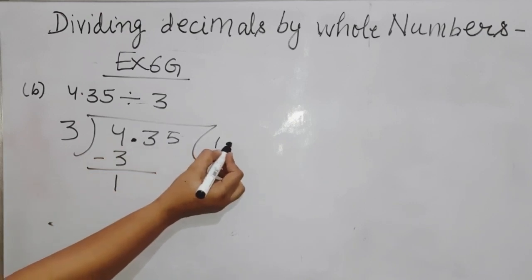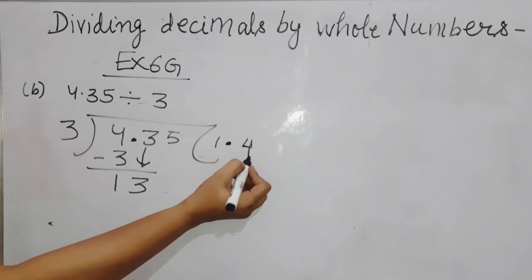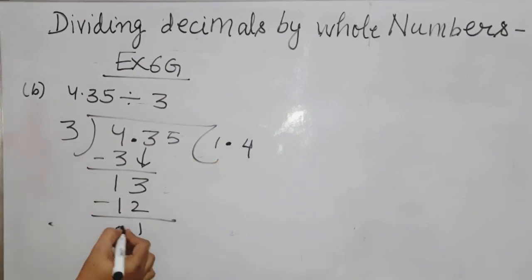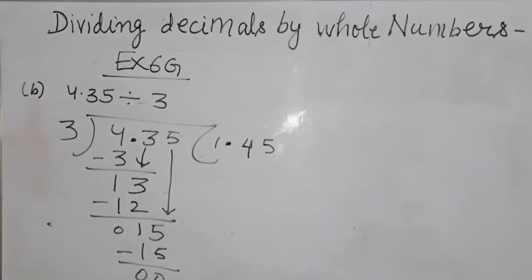So place the decimal point here also. Now drop down 3. 3 4s are 12. Again 1 is the remainder left. 5 will be dropped down. 3 5s are 15. So the quotient of this division is 1.45. I hope you have understood, students.